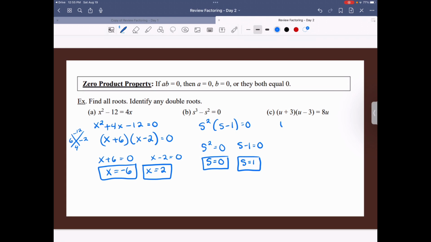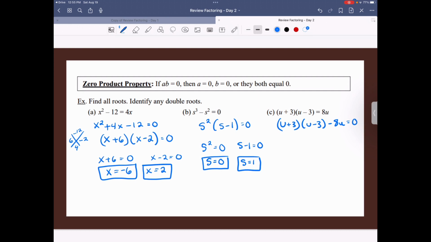Okay, now we have u plus 3, u minus 3. I'm going to subtract 8u, and that equals 0. Well, we can't use the zero product property on this because the minus 8u is not being multiplied.